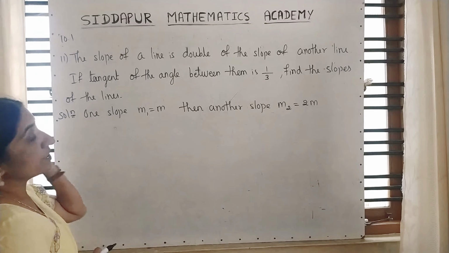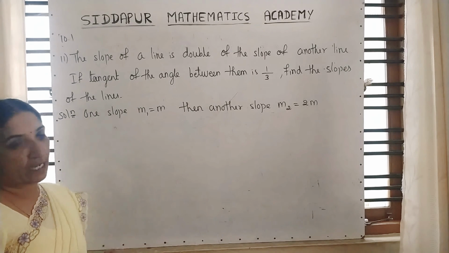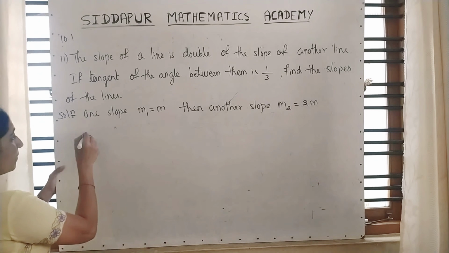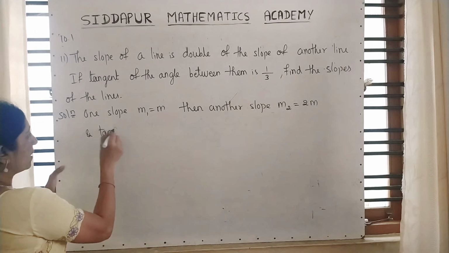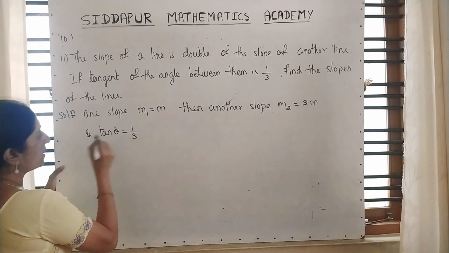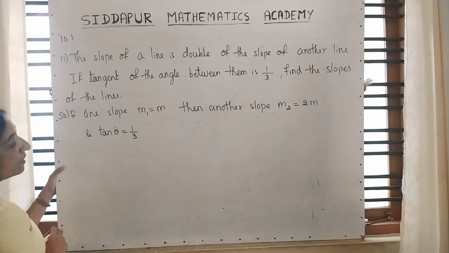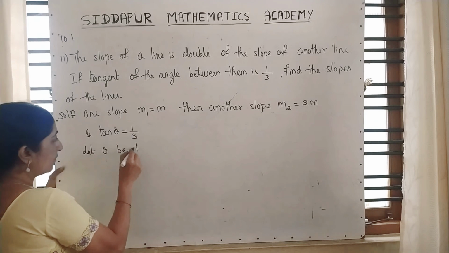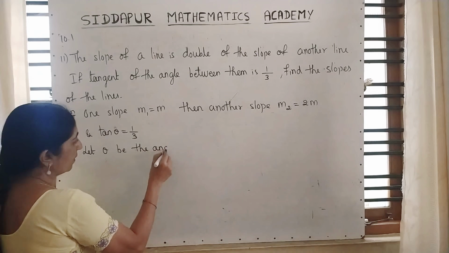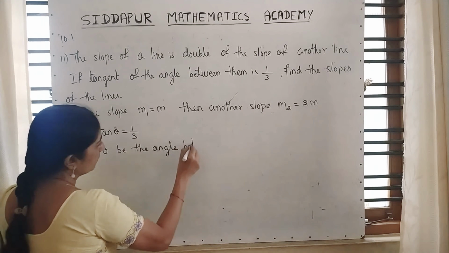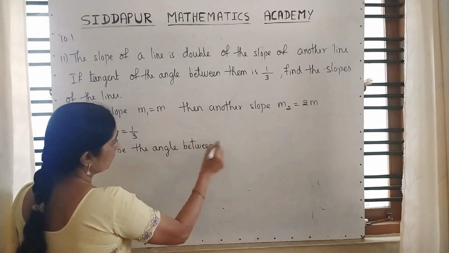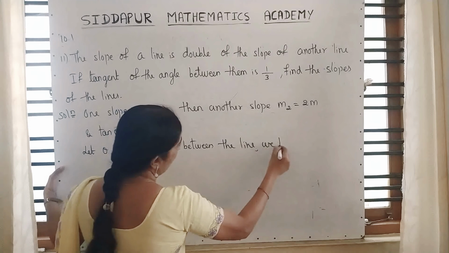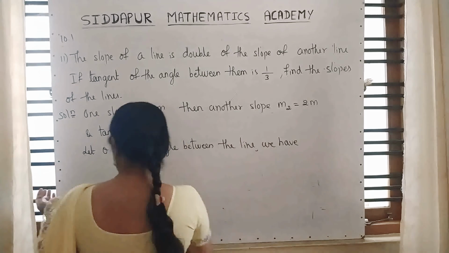If the tangent of the angle between them is tan theta, and tan theta is equal to 1 by 3. The question is to find the slopes. Let theta be the angle between the lines. We have the formula.